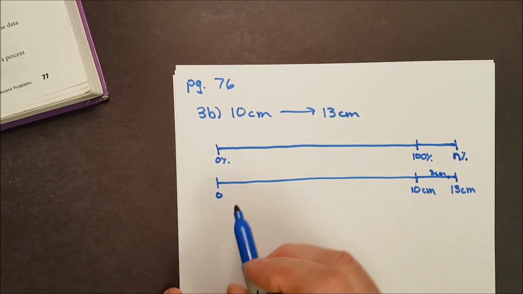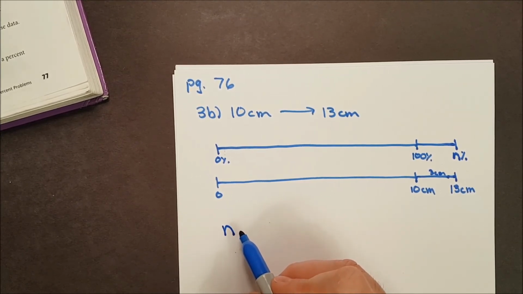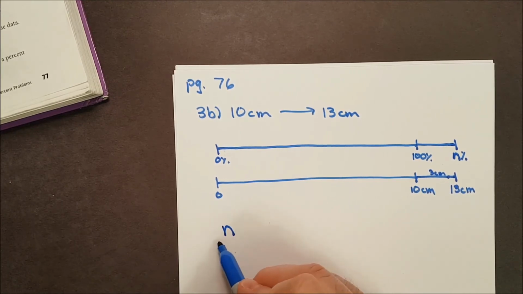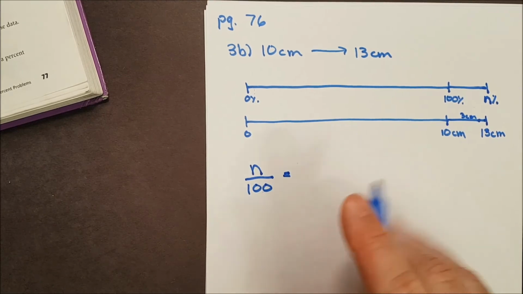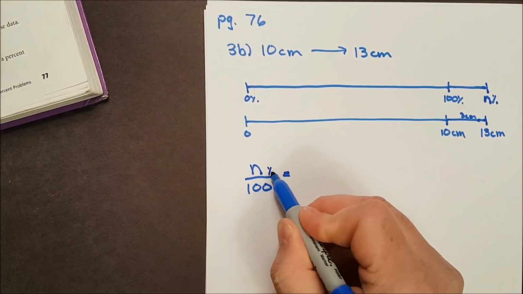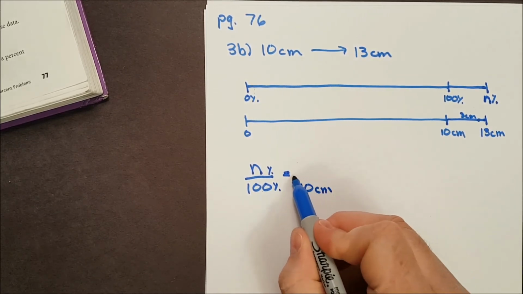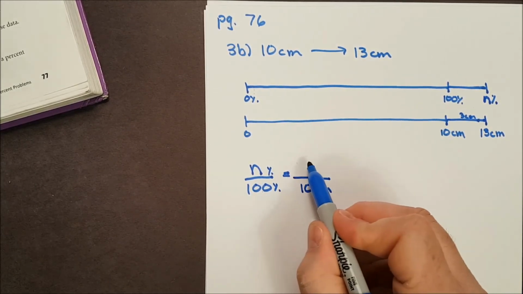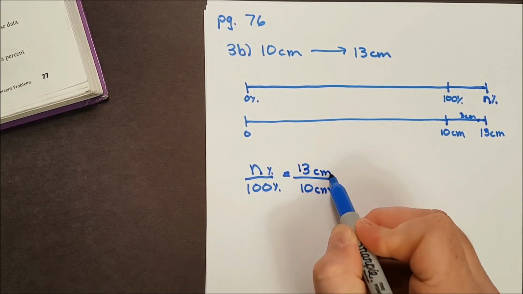All right, so we need to find n%. And if you recall from the first few videos, n% means n per 100, percent means per 100. So n per 100 equals 10 centimeters over 13 centimeters.